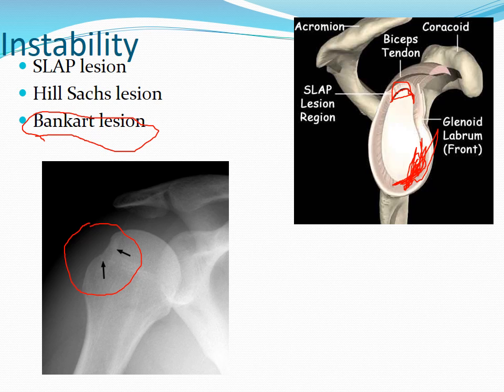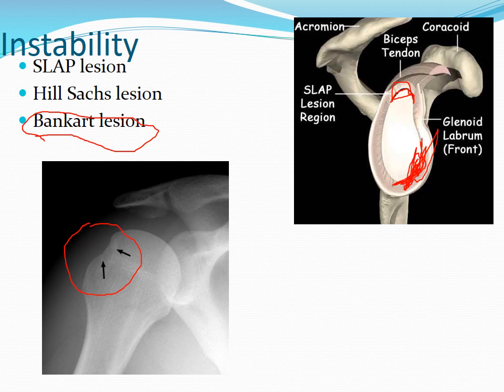A Hill-Sachs lesion is what we see a picture of here on the left. If you trace this line out, this should be a continuous convexity out here. It should look like the side medially, but you can see more on the outside that we see this divot fracture, and that's what a Hill-Sachs lesion is.